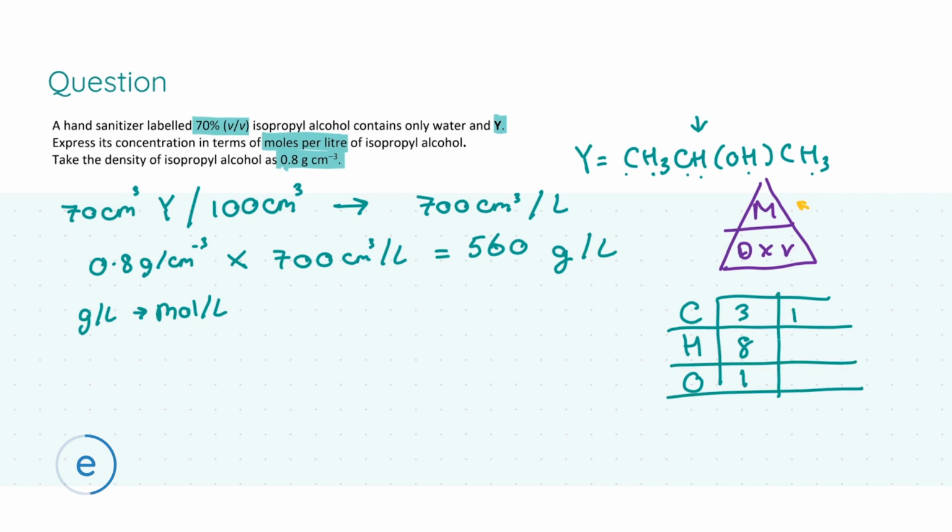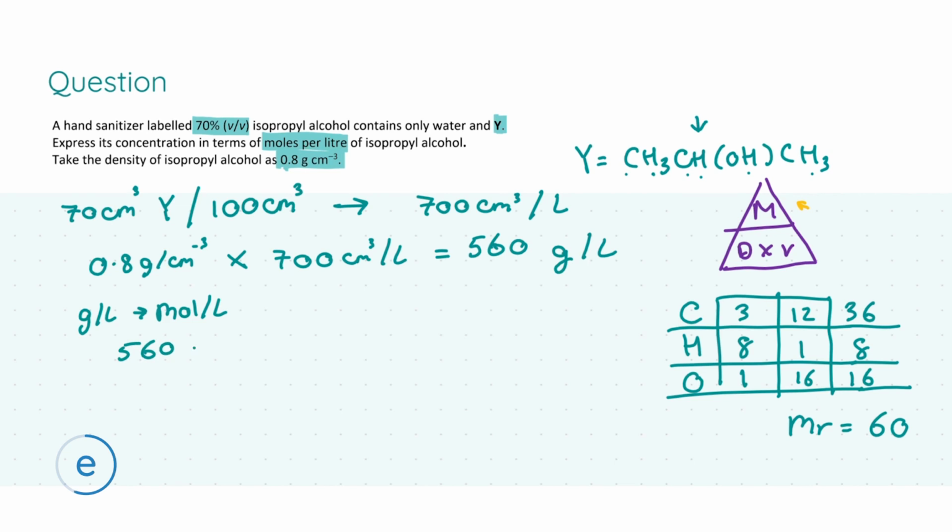Okay, so what is the Mr of carbon? 12. Hydrogen, it's 1. And oxygen is 16. So 3 by 12 is 36. 8 by 1 is 8. And 1 by 16 is 16. So 36 plus 8 plus 16 gives us an Mr of 60.